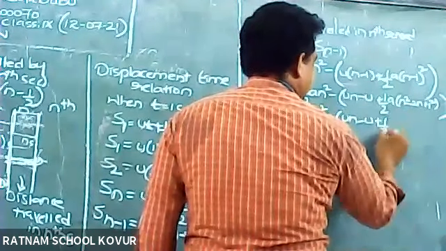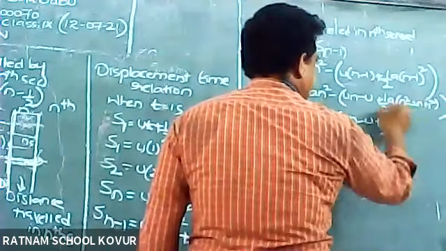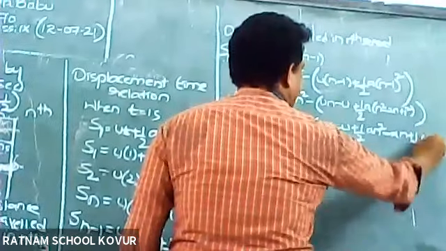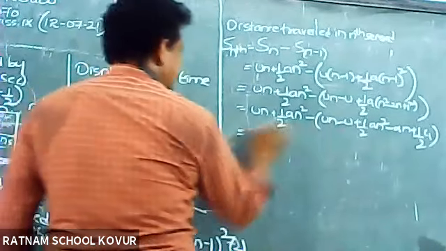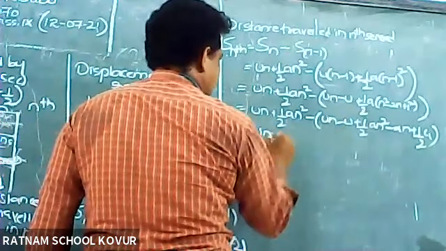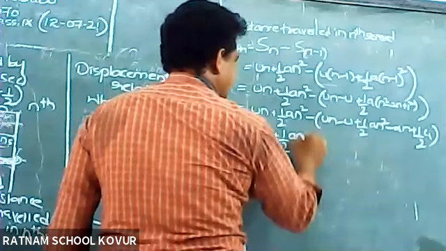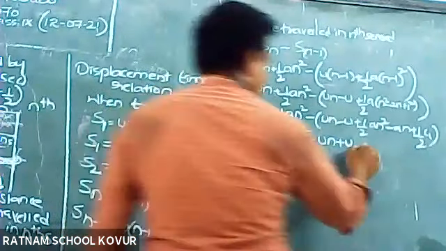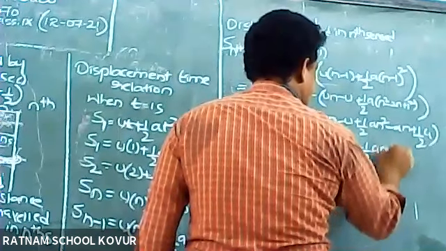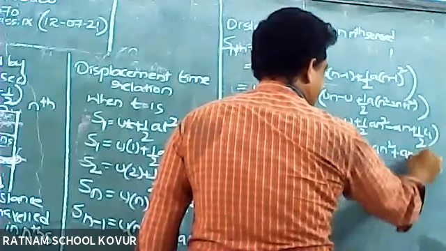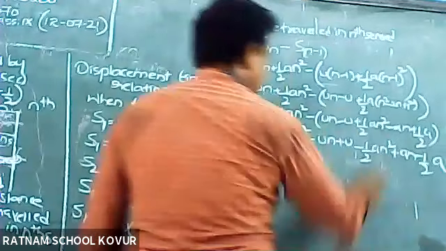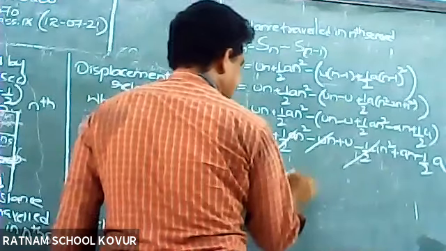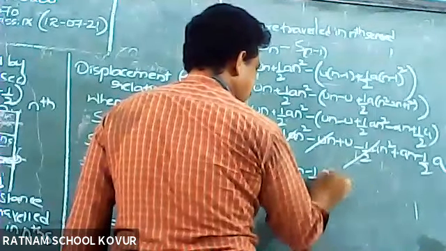You multiply 1 by 2 an square, the two get cancelled, minus an plus 1 by 2 a. Now multiply with the minus: un plus 1 by 2 an square minus un plus u minus of an square plus an minus 1 by 2 a. These get cancelled, so you are going to get u plus an minus 1 by 2 a.